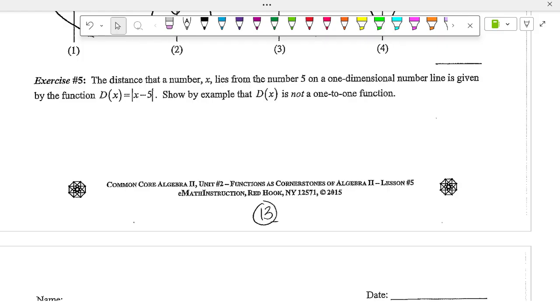Just pick a random number, find out what that difference is, then find either the positive or negative counterpart. I will be calling on people, so give it a shot. There are many right answers to this; there's no one right answer. Just try some numbers and see what happens.